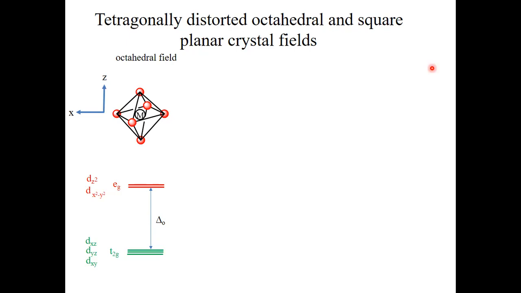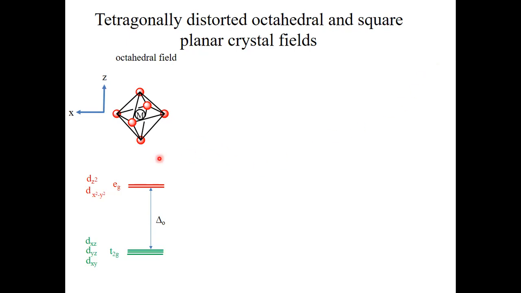One can derive the crystal field of a tetragonally distorted octahedral complex from the octahedral crystal field, but also the square planar crystal field can then be derived from the tetragonally distorted crystal field. So how does this work?